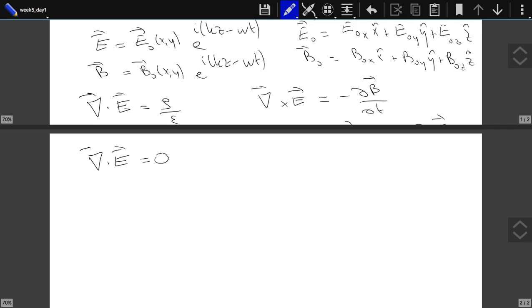So let's see. If that is the case, then the divergence of E is equal to 0. This is nothing but the derivative of E0x with respect to x plus the derivative of E0y with respect to y plus ik E0z is equal to 0.